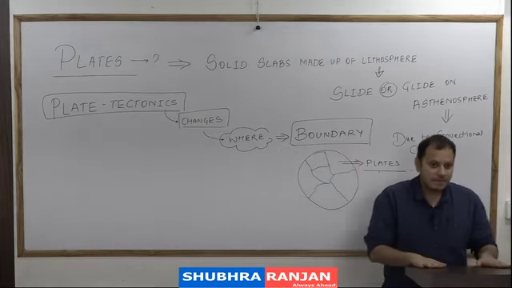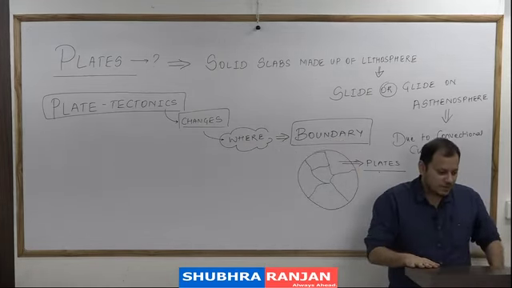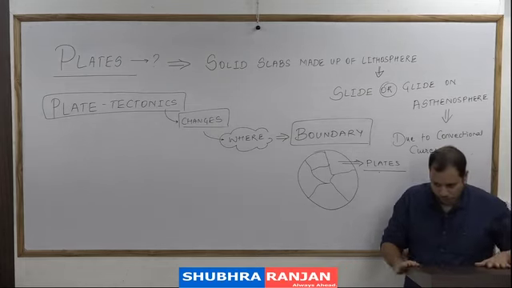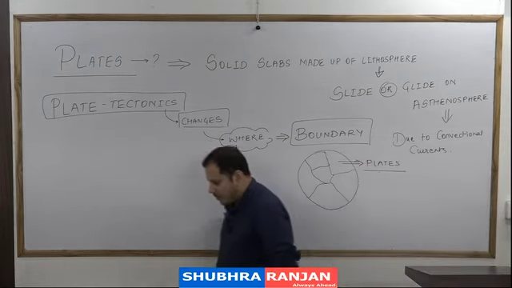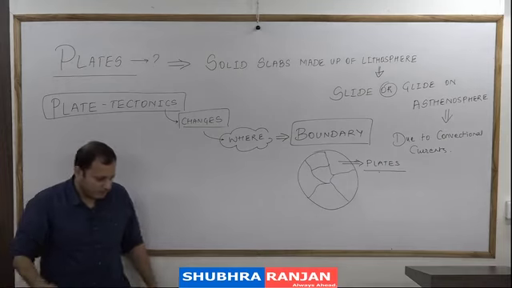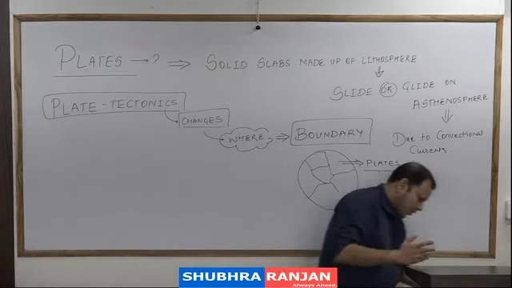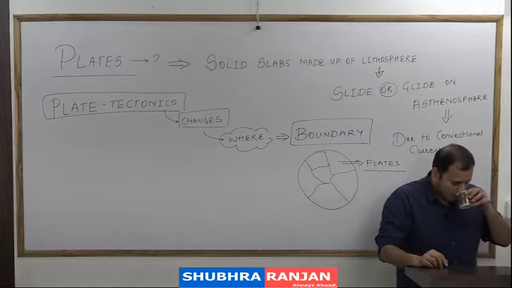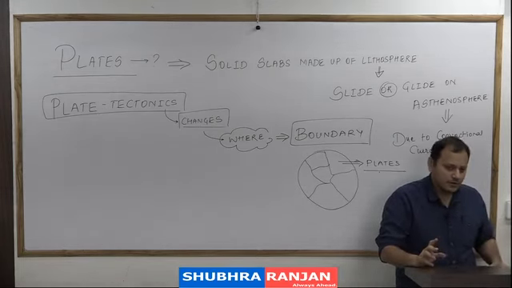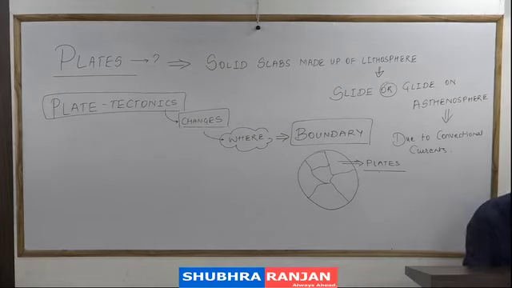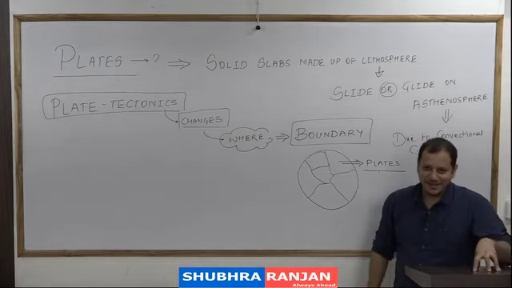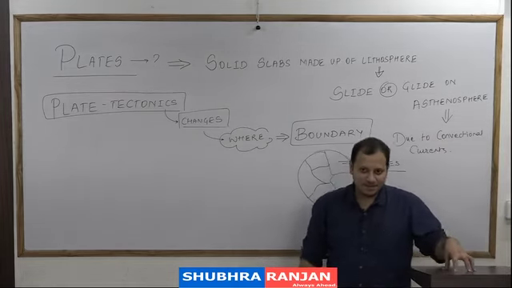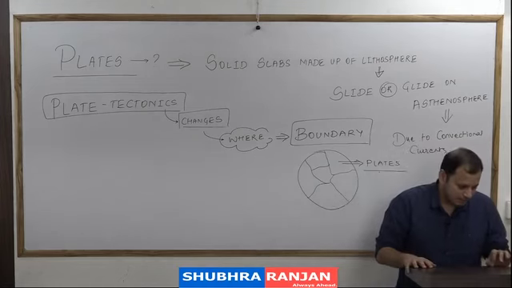So you can take down the definition of plates. Plates are solid lithospheric blocks. And you know what the lithosphere means? Lithosphere means crust and the uppermost mantle, not the upper crust, but crust and the uppermost mantle, known as plates.